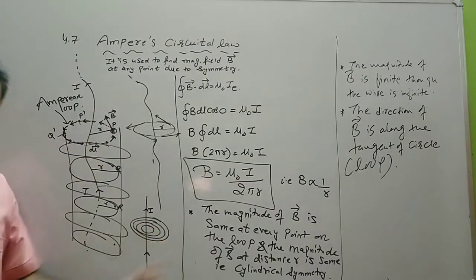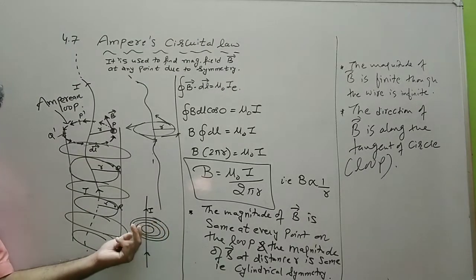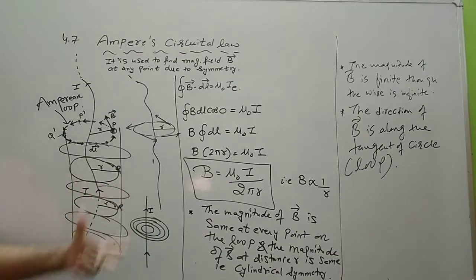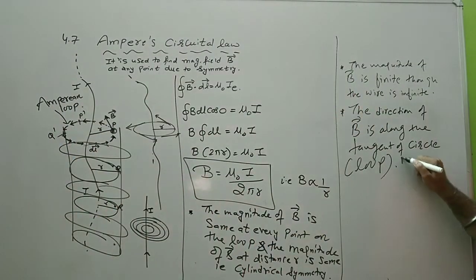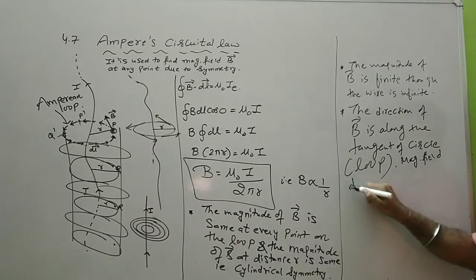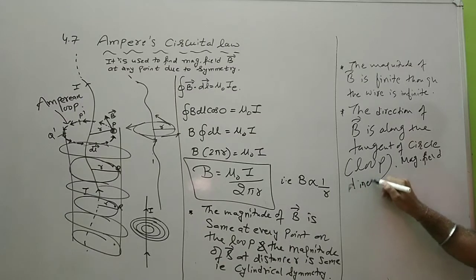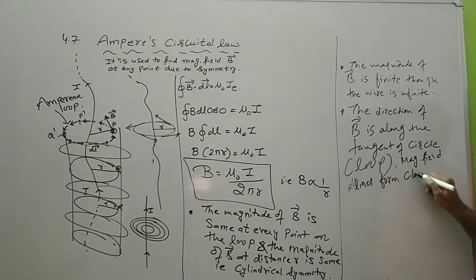As we move away the intensity decreases, and as we come near to the wire the intensity blows up. So the magnetic field lines form closed loops.